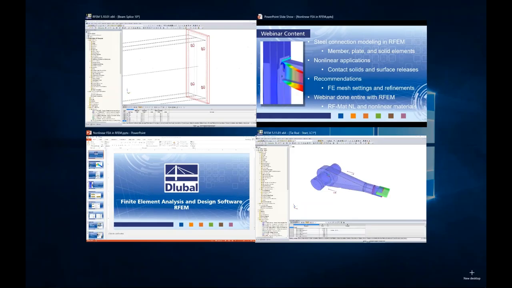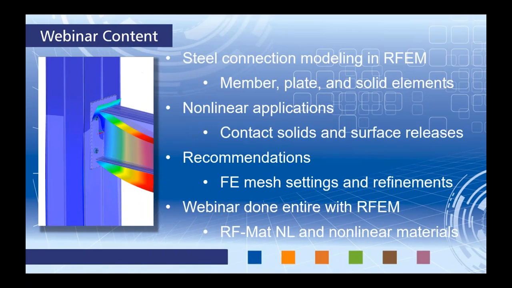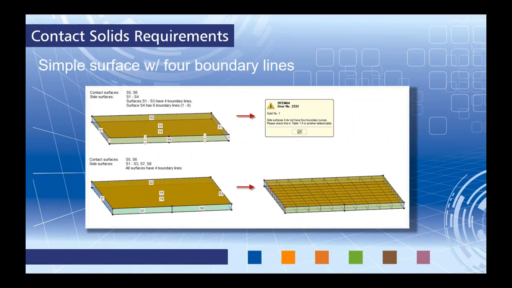So I want to jump back to the PowerPoint to discuss a few recommendations and requirements for contact solids. The first being that a contact solid must be a simple surface with 4 boundary lines. With this picture shown here, you'll notice that here is my first contact solid, but on the longer edges, I have line 2 and line 3 for the top surface and line 6 and line 5 for the bottom surface.